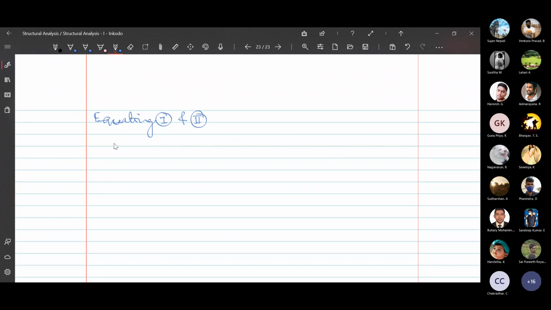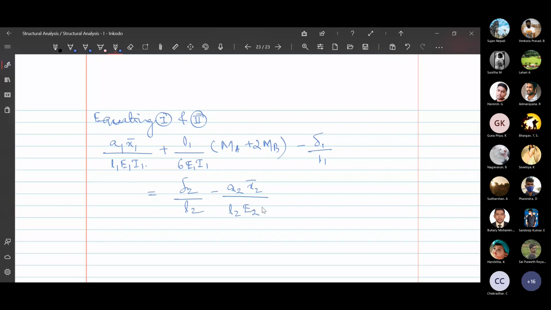We have A1 X1 bar by L1 E1 I1 plus L1 divided by 6 E1 I1 into MA plus 2MB minus delta 1 by L1, equal to delta 2 by L2 minus A2 X2 bar divided by L2 E2 I2 minus L2 divided by 6 E2 I2 into 2MB plus MC.